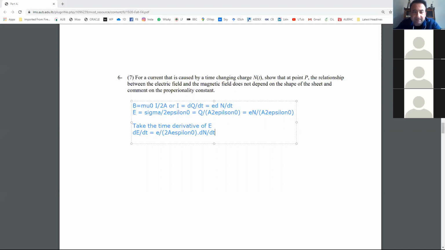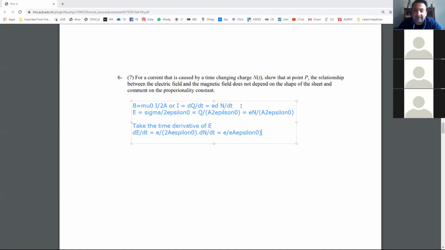dN over dt, I can write it in terms of B, right? So this is equal to e over 2A epsilon 0 multiplied by dN over dt. Okay?